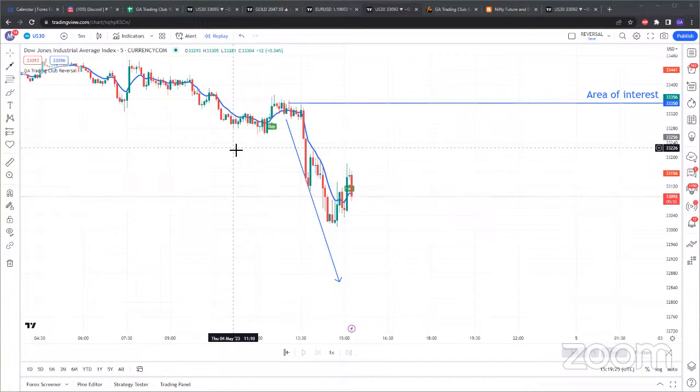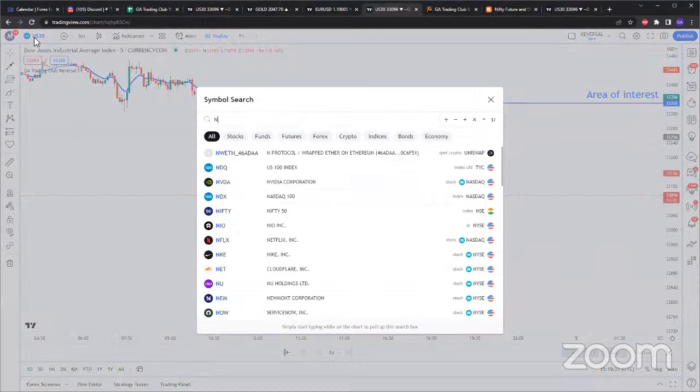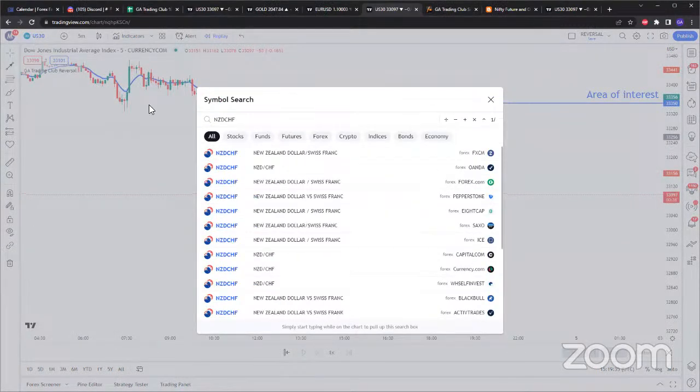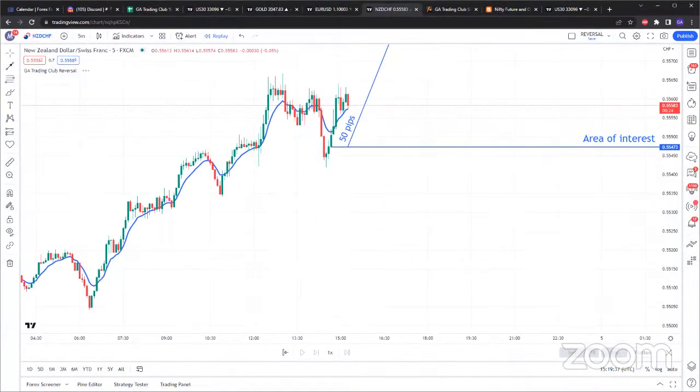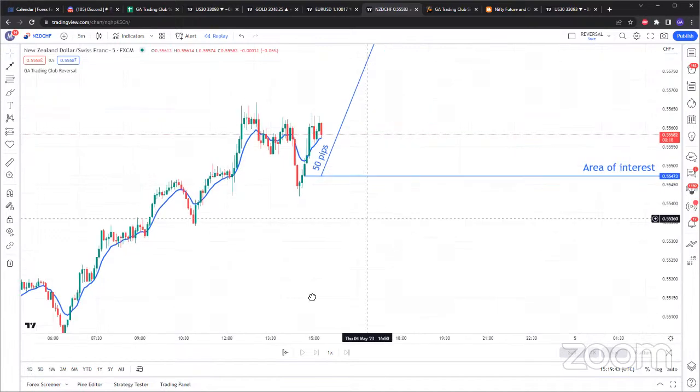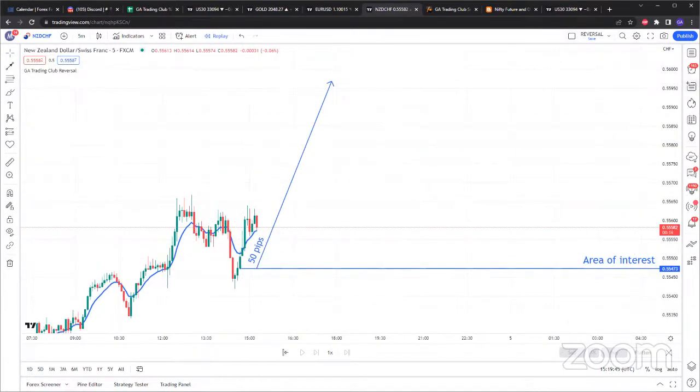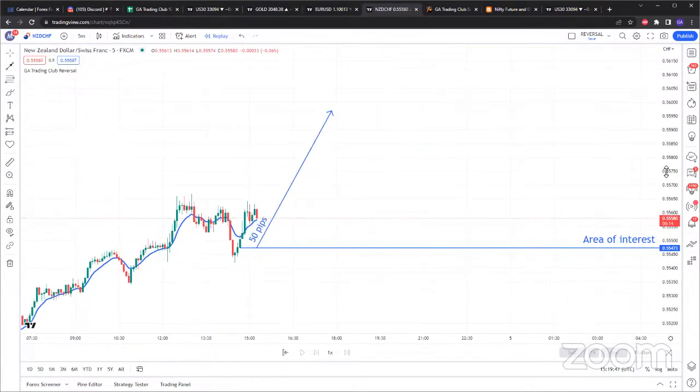So if you have access to that, and you don't have a reversal entry for any of the instruments we trade, you can do the way I marked up NZDCHF. So we'll see how NZDCHF does tomorrow. But I do expect, this scanner has told me that there's a breakout on NAS to the upside. So we'll see how this goes. But you can easily catch reversals if you have access to that.